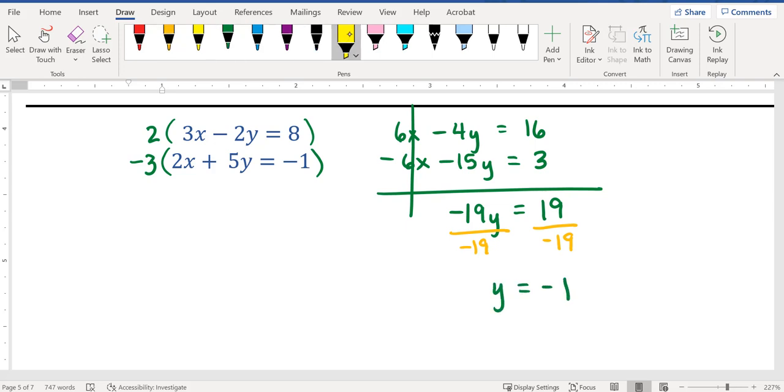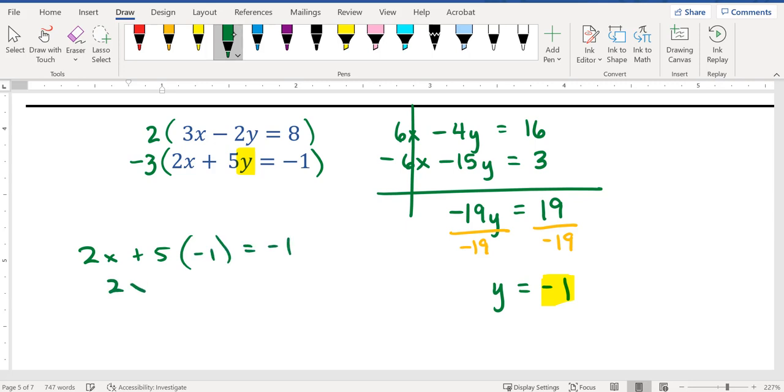I get to plug negative 1 in for y on either of those equations. I'm going to plug it in right there. So I get 2x plus 5 times negative 1 equals negative 1. 2x minus 5 equals negative 1.